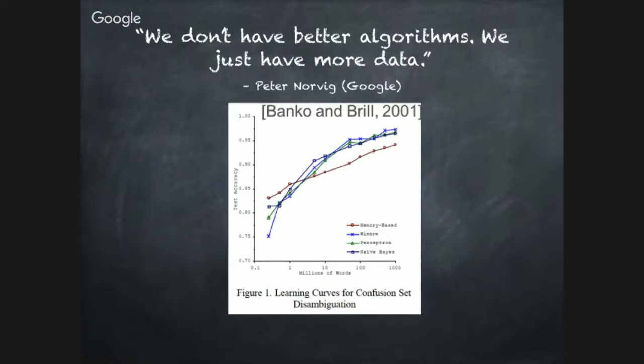Yeah. And here we have in this paper of Banko and Brill from 2001, the blue one is a very naive Bayes algorithm. It's a very, very simple probabilistic algorithm. And we have a memory-based algorithm, which is the computationally more expensive algorithm. If you look at the millions of words that are put into the learning process, you see how the naive Bayes algorithm under 1 million words is the worst one.